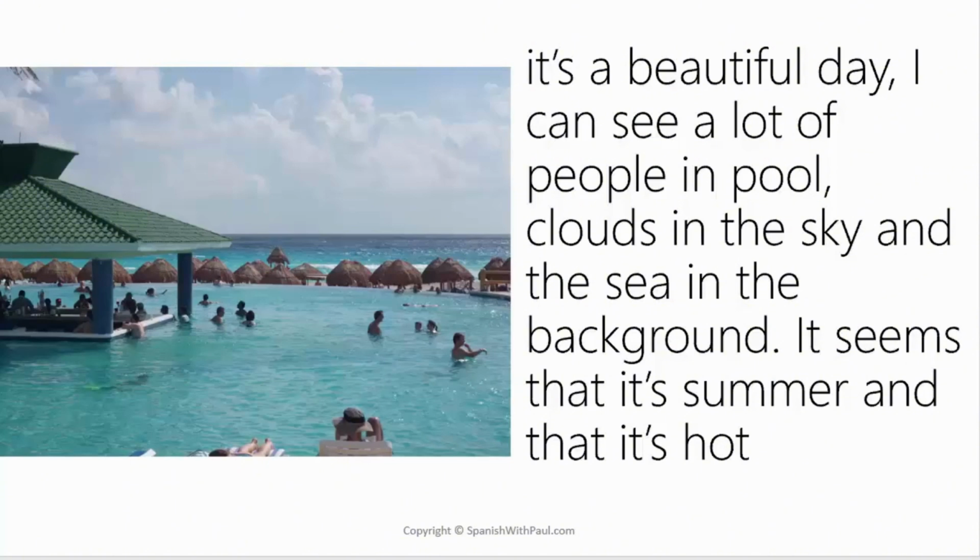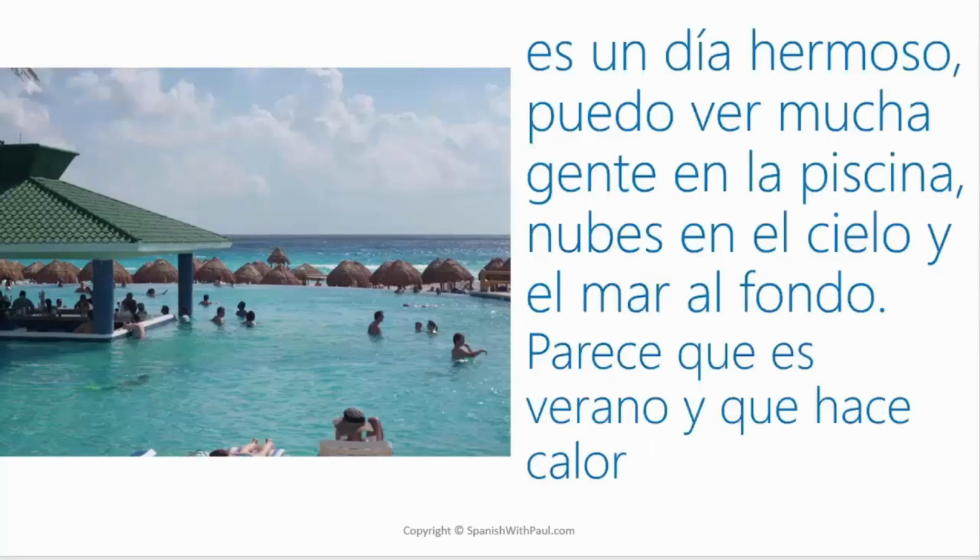I can see a lot of people in the pool, clouds in the sky, and the sea in the background. It seems that it's summer and that it's hot. Es un día hermoso. Puedo ver mucha gente en la piscina, nubes en el cielo y el mar al fondo. Parece que es verano y que hace calor.